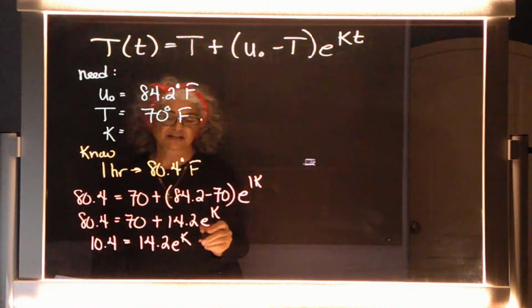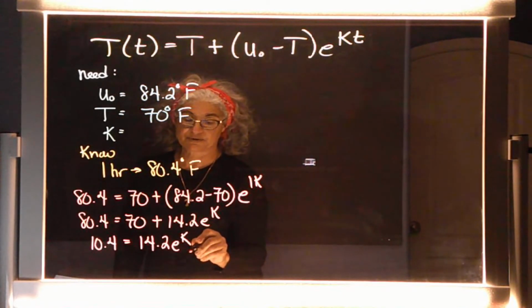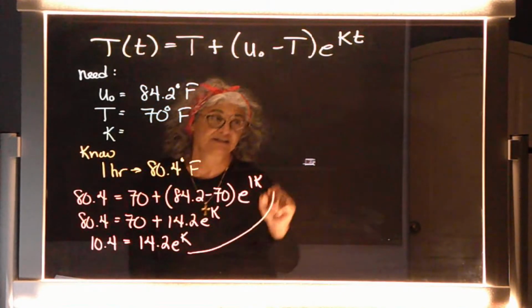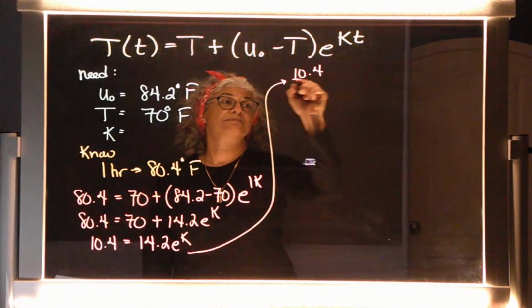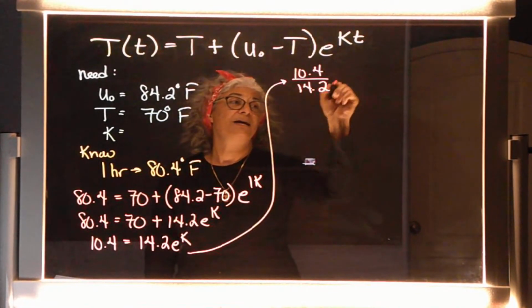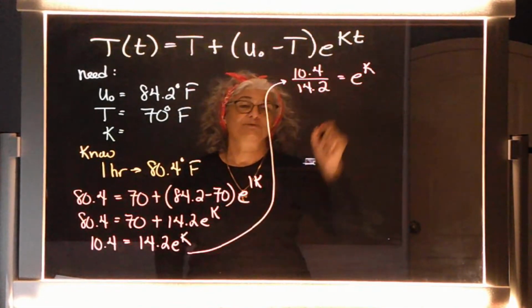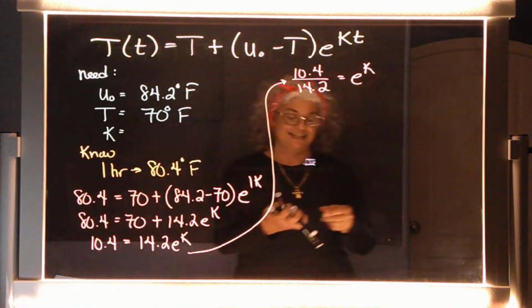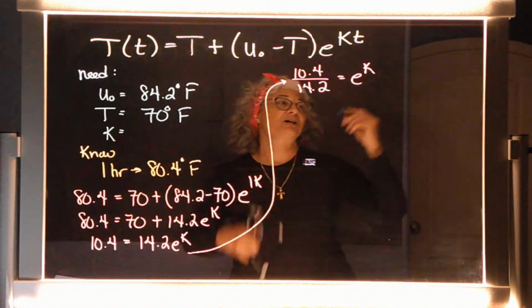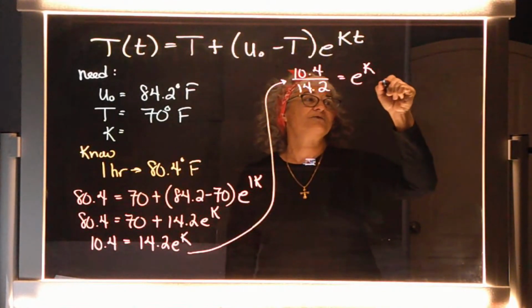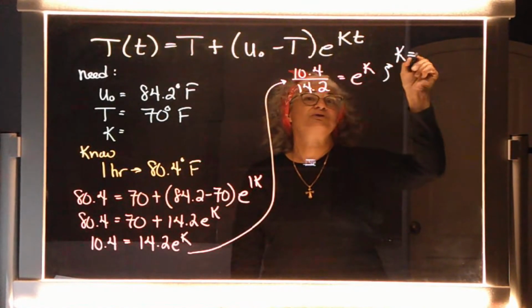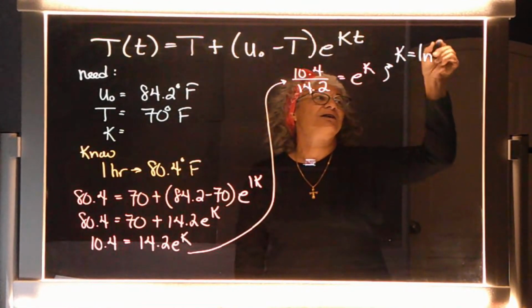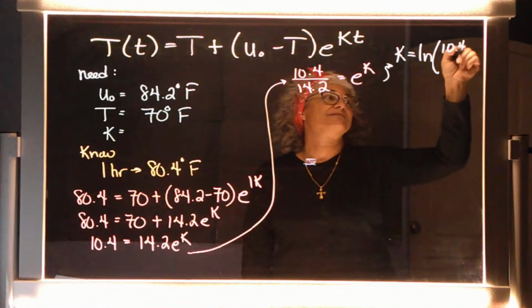We divide both sides by that 14.2, and I'm going to take this up over here. And you know as well as I do what we're going to have to do. Yeah, we're going to have to take the natural log of both sides, which tells me that k is equal to the natural log of this lovely fraction.